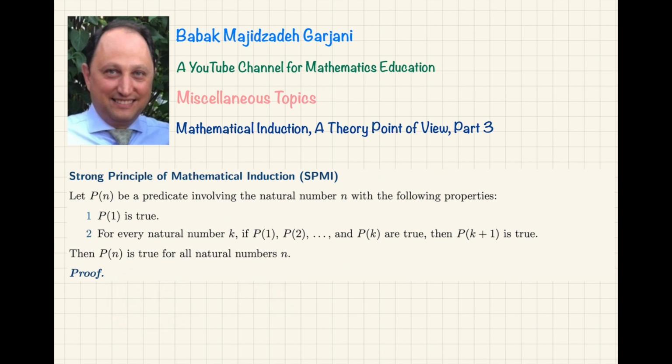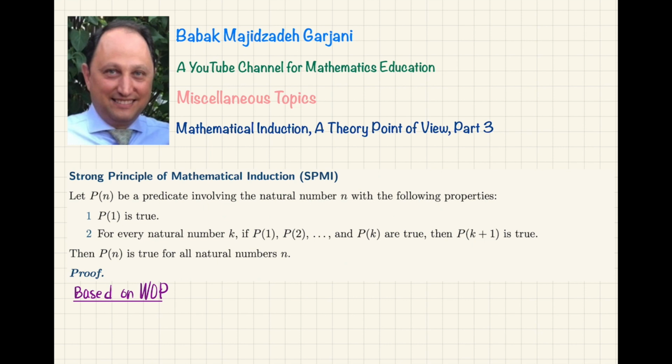So the proof, let me write it with a different color, based on WOP, the well-ordering principle. I hope that you have enough experience now. Again, I want to introduce a set, and I want to show that this set is a subset of the natural numbers and is not empty, so the well-ordering principle will guarantee that there is a minimum for this set.